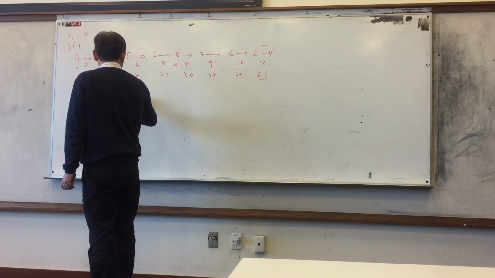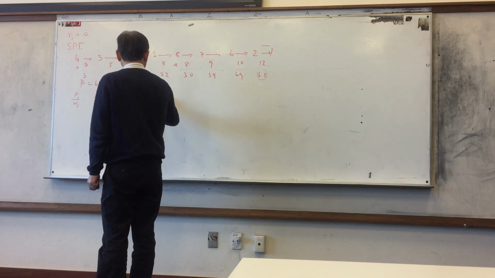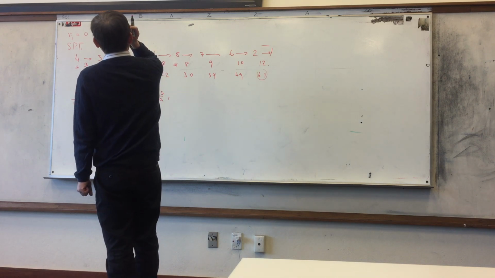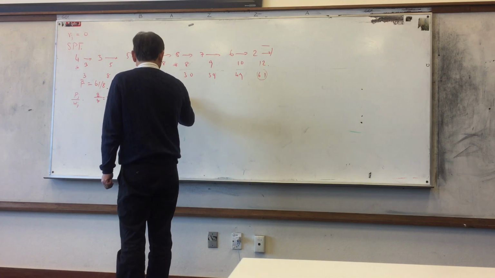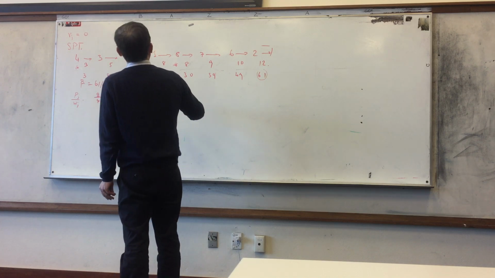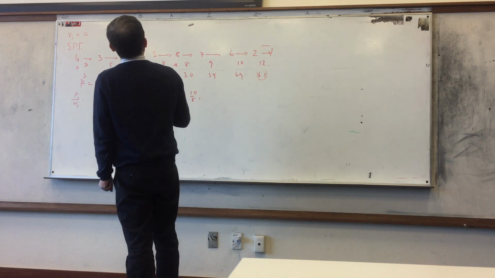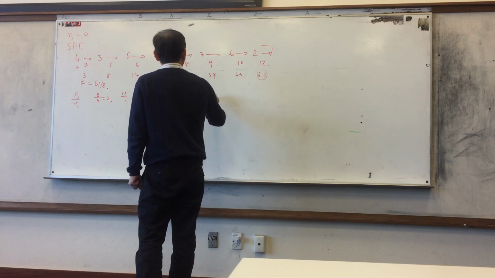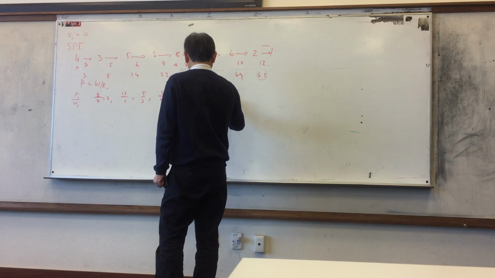So 5 by 3, and 3 by 2. So what is the next one? We've got 6 over 7, and 10 over 8, and 9 over 5, and of course 8 over 6.